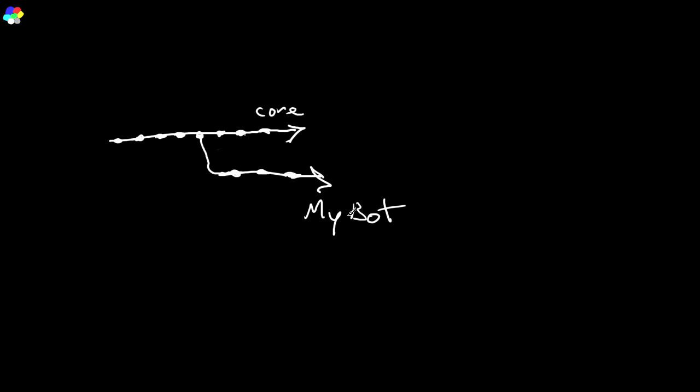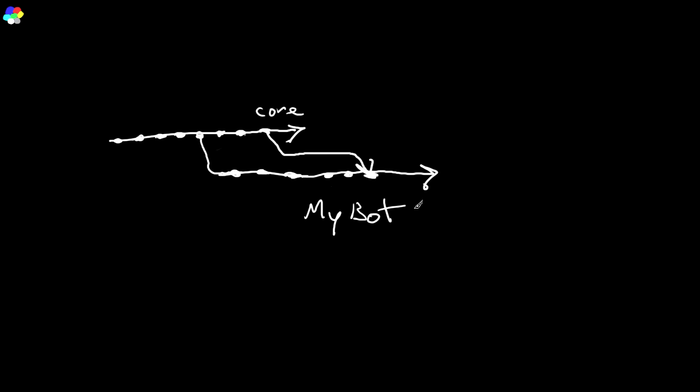If you have your own separate branch, all you do is sync with the remote repository, and it will update your local core branch. Then you create a branch off of this local core, and you merge that into your bot, and that will give you these remote commits in your bot.